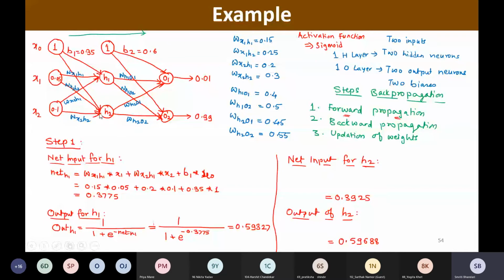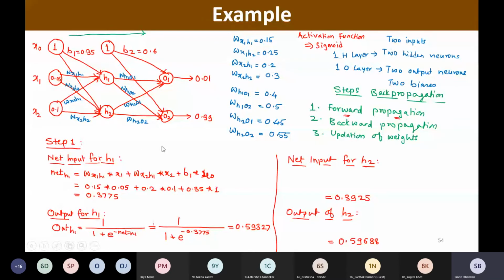The respective weights we have assumed initially, right? We know the input and we know the output. We are trying to learn the training sample, right? So I hope you must have understood whatever we did in the last session.